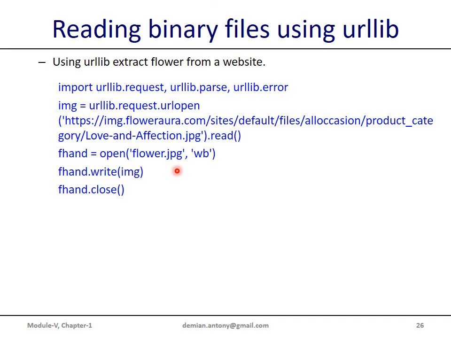So extract these link values, and then use urllib to open each of this list of URLs, and create a separate file by naming them flower1, flower2, flower3, or you can even retain the original name by using a split function.